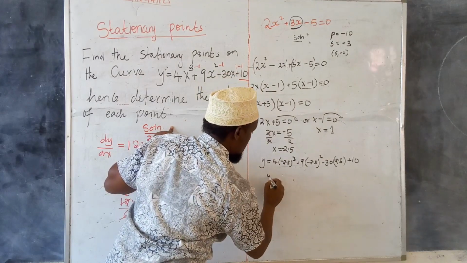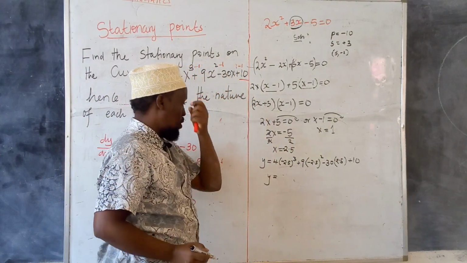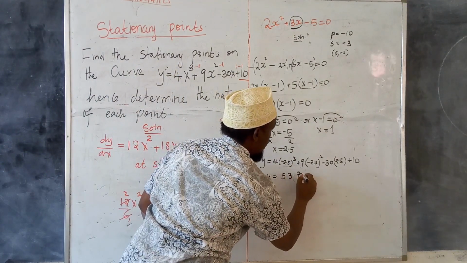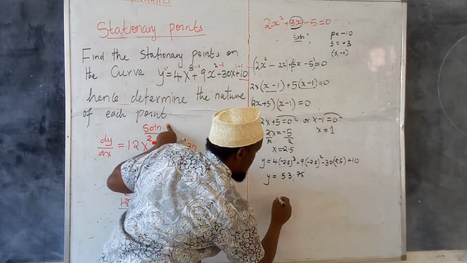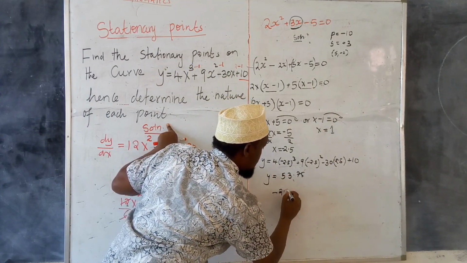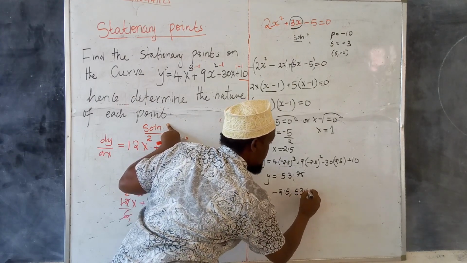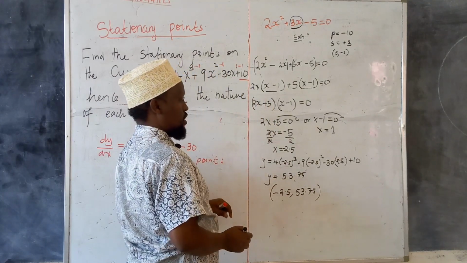So therefore, if you use a calculator, the value of y will be 53.75. So already we have one of the stationary points, which will be (negative 2.5, 53.75).